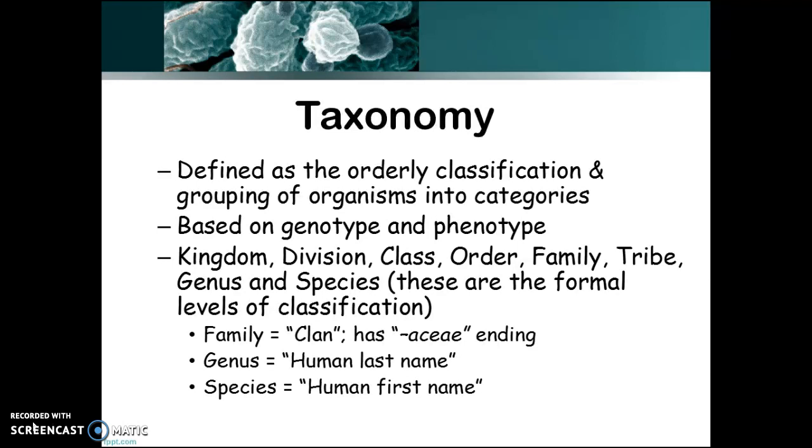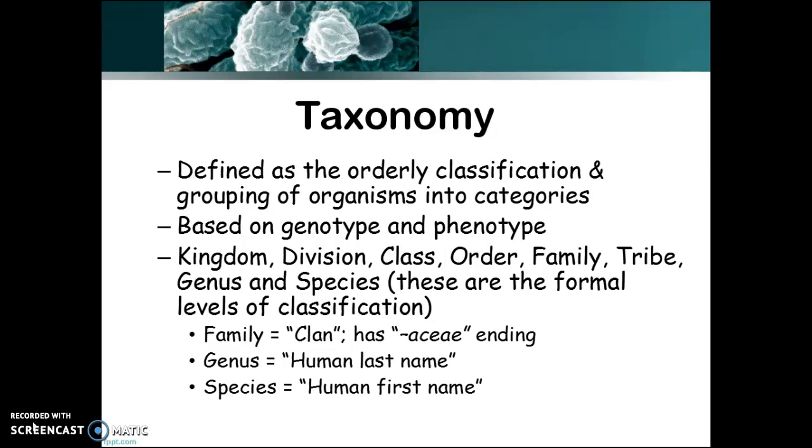Taxonomy is the orderly classification and grouping of organisms into categories. If you can still remember, the eight-level system of classification starts with kingdom and ends with species.